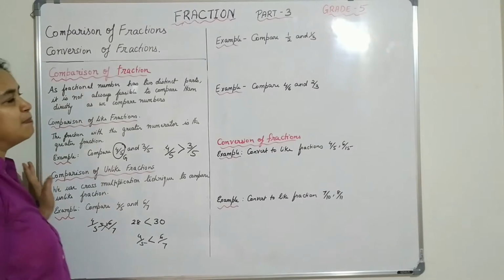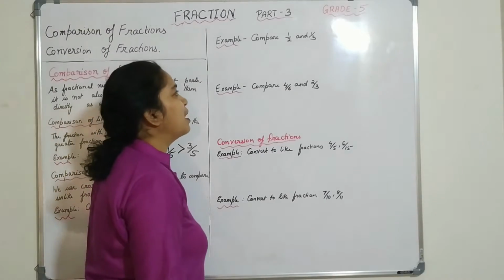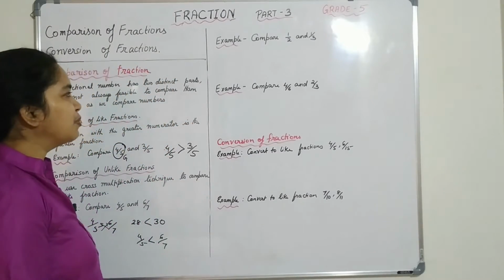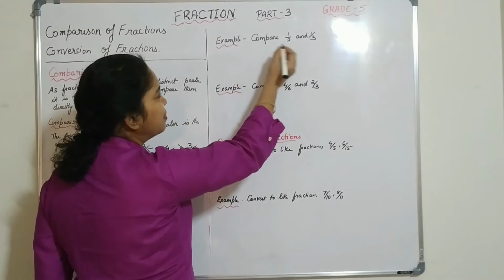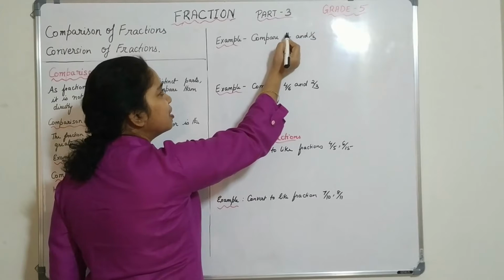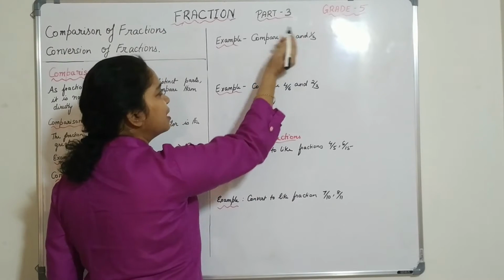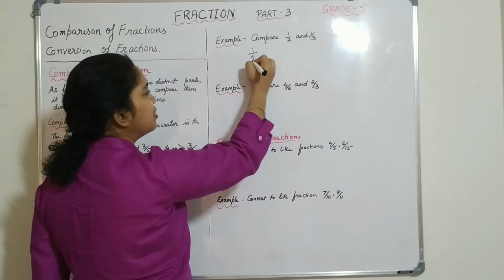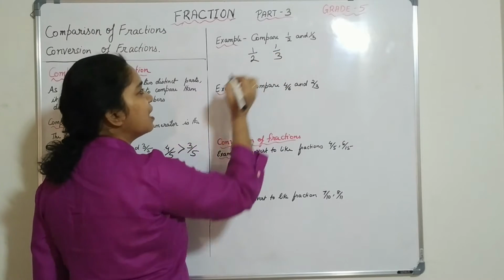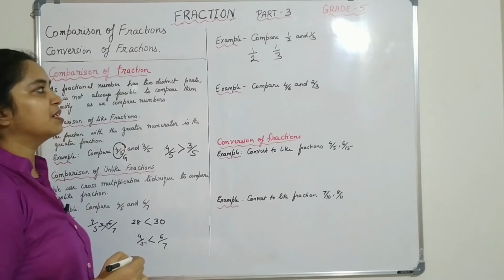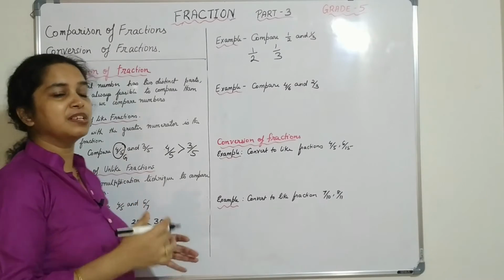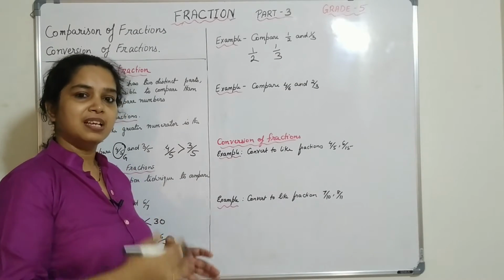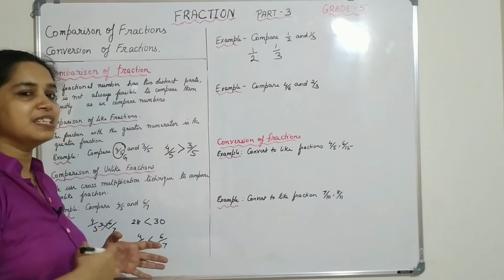Now you have to compare the two unlike fractions 1 by 2 and 1 by 3. How will you compare? Here you can see the numerator is the same. In both cases 1 is the numerator. So here what we have to do? We have to see: if the denominator is less, then the fraction is greater.